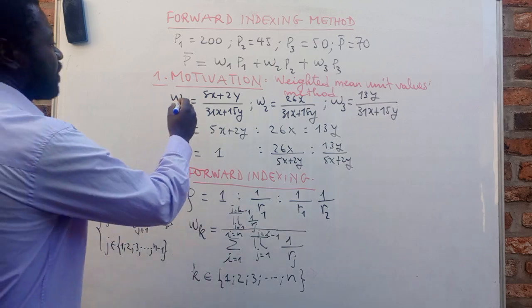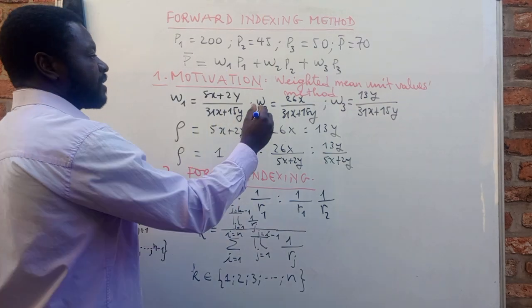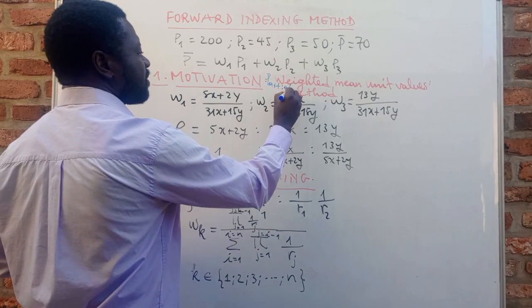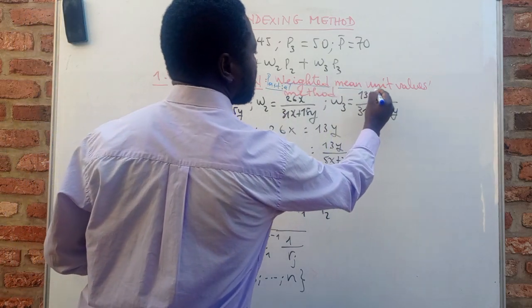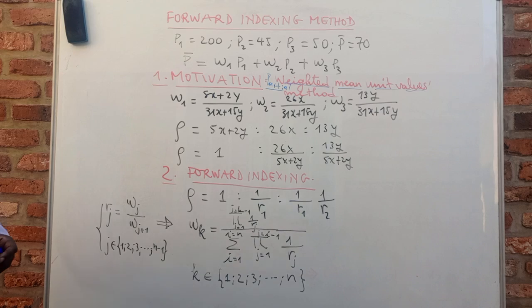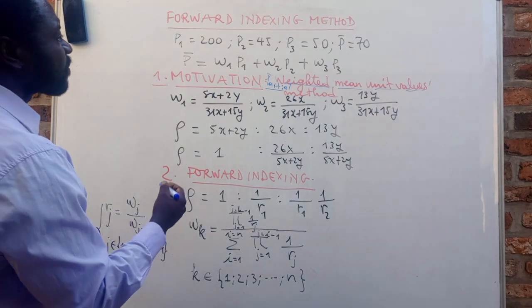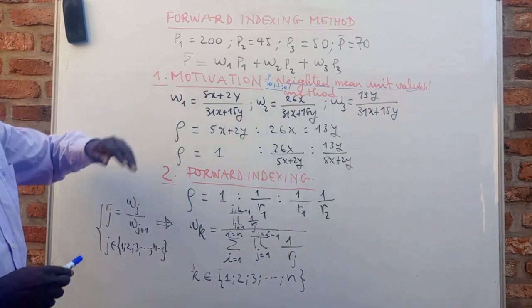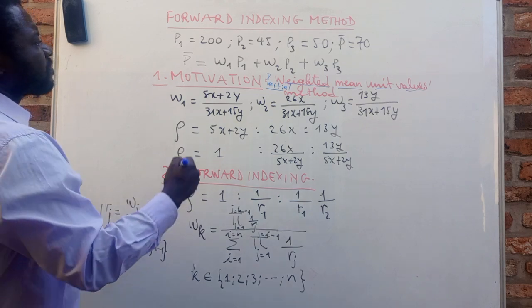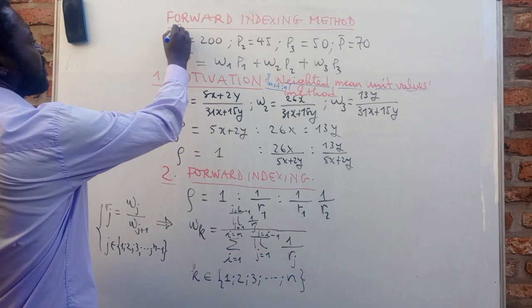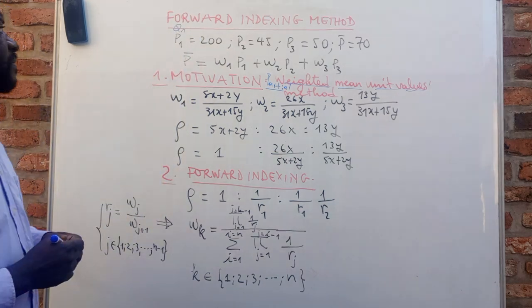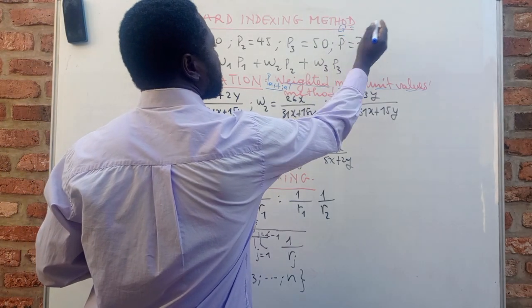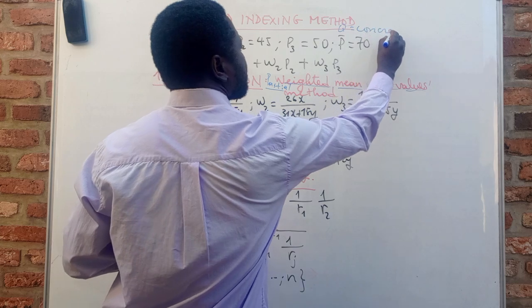Now here we have the motivation. We start with the method we talked about last time, the partial weighted mean unit value method. We have this example about a mixture, concrete.